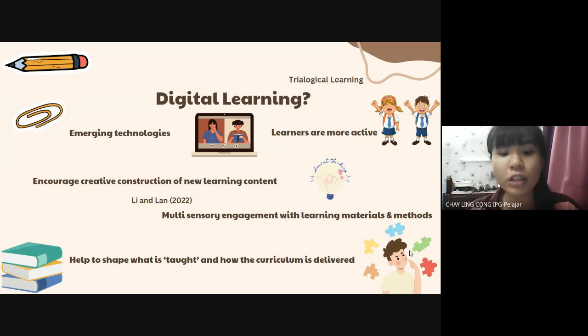Emerging technologies offer possibilities for multi-sensory engagement with learning materials and methods. It creates space for all learners to interact with experienced teachers throughout the digital media they use in a trialogical relationship. This helps them shape what is taught and how the curriculum is delivered in teaching and learning activities in the classroom.